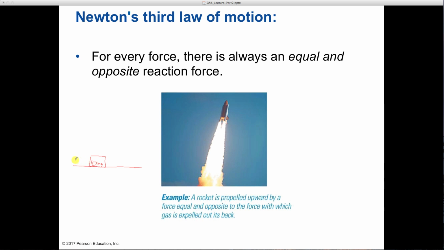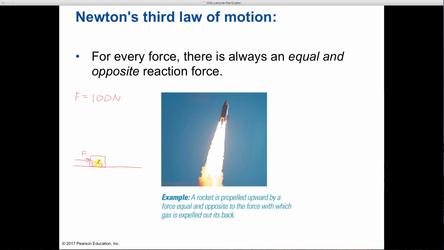And so there might be a force pushing the box this way. We'll call that F, our force. The standard unit of force is called the newton, named after Isaac Newton. So just to do a quick calculation, let's suppose the force is 100 newtons, and we have a mass of 10 kilograms.